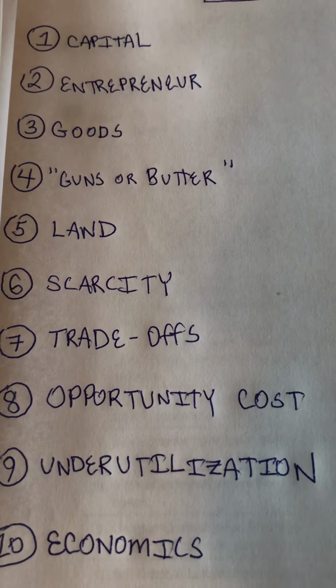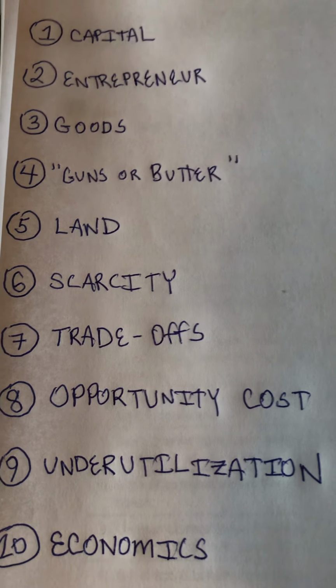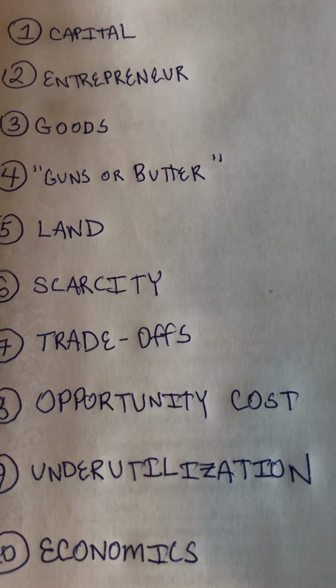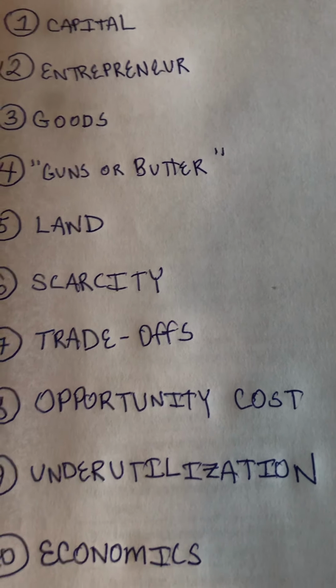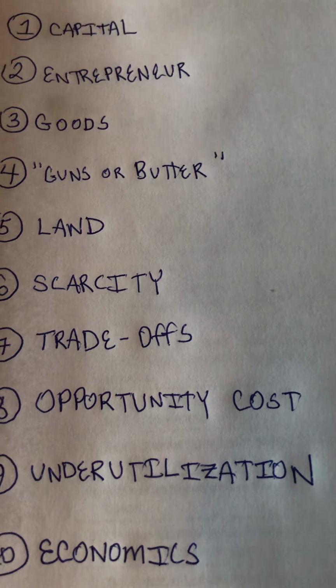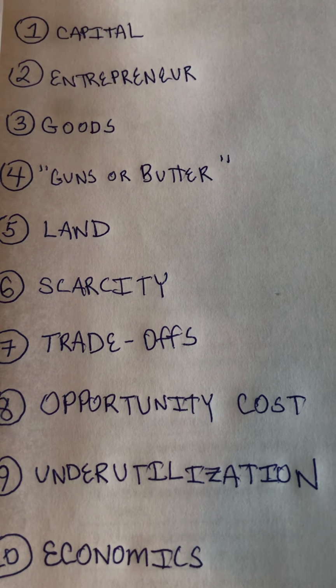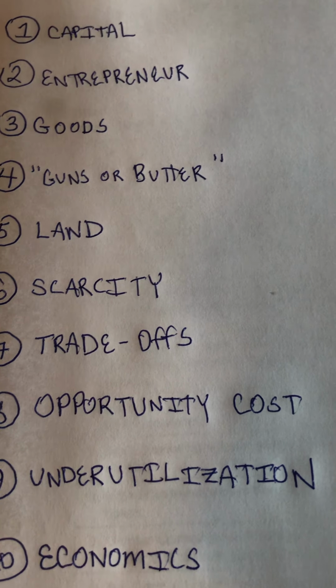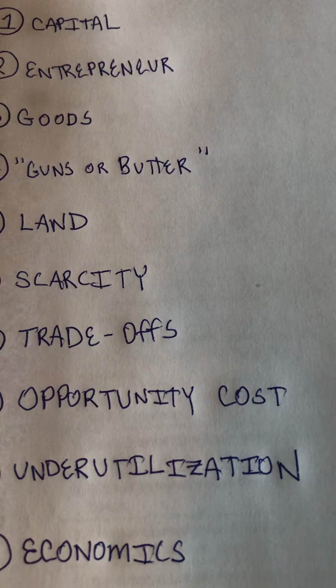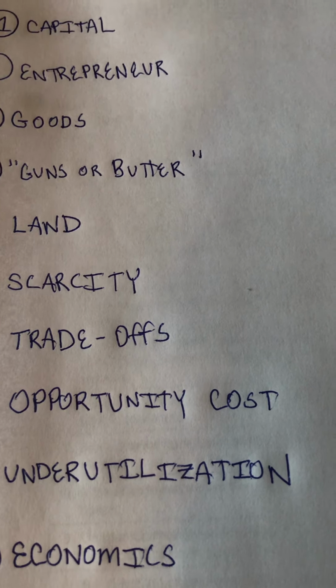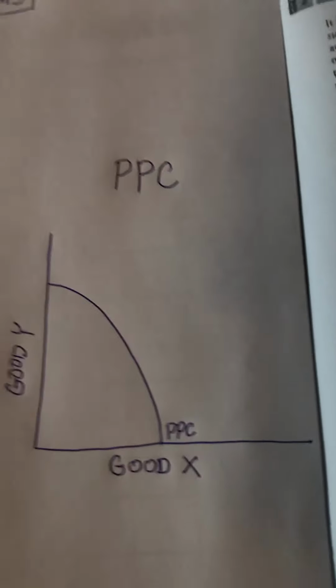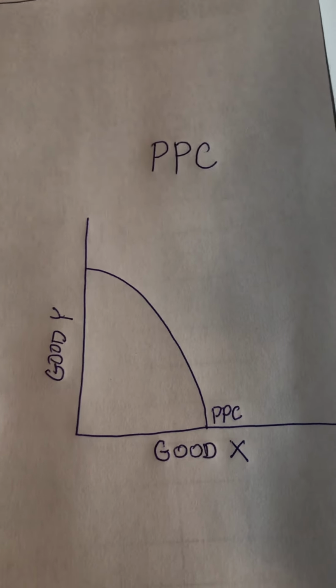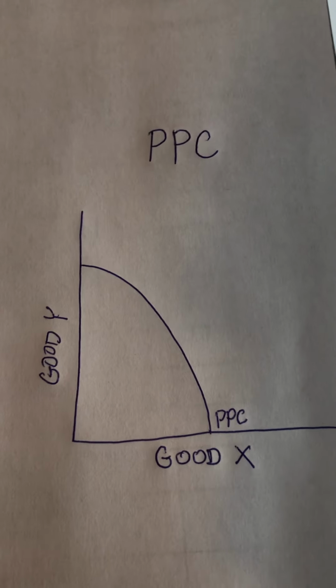Number 4, guns or butter. We watched a video about World War II, whereby the government had to make decisions about should we produce more military goods, known as guns, or consumer-based products, such as butter, and we had them on the X and Y axis of the production possibilities curve, labeled PPC.